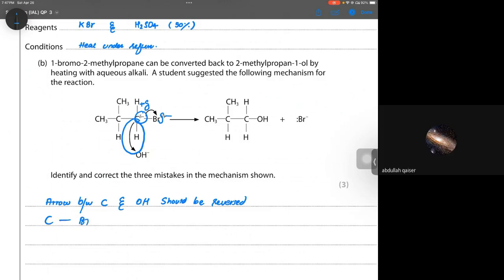So the nucleophile is the OH, right? It should be reversed. And of course, on OH, the lone pairs are missing.